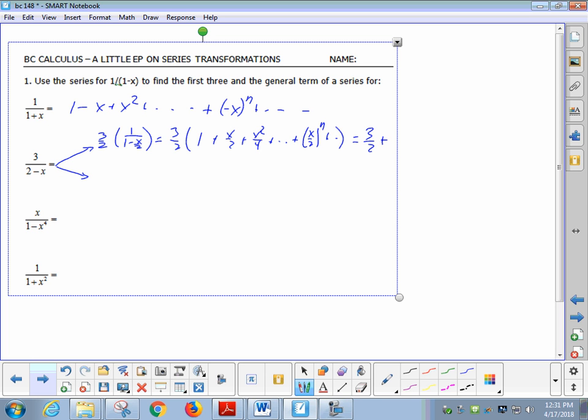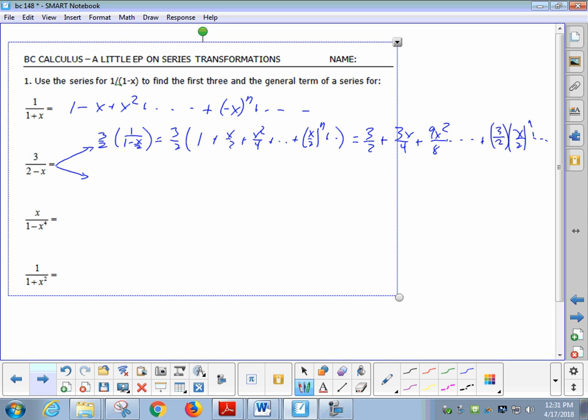And so we'd have something like 3x over 4 plus 9x squared over 8. And we'd say it's something like 3 over 2 times x over 2 to the n, or something like that.